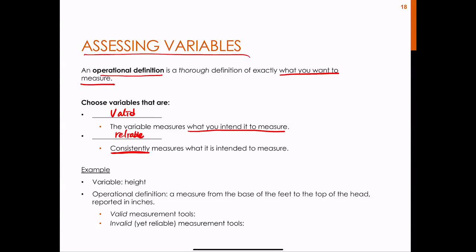The example is height. We define height as a measure from the base of the feet to the top of the head, reported in inches. So the valid measurement tools will be a yardstick, rulers, or a tape measure.